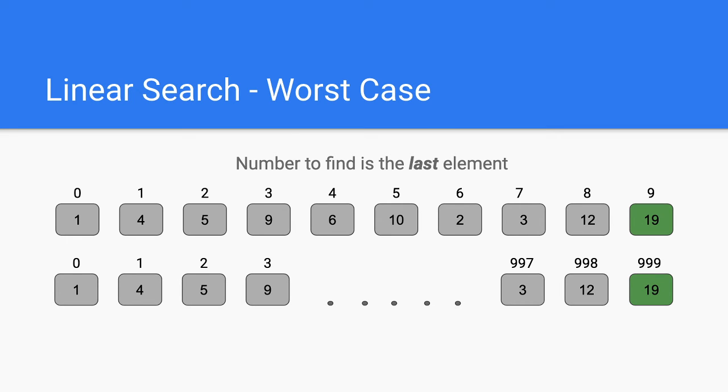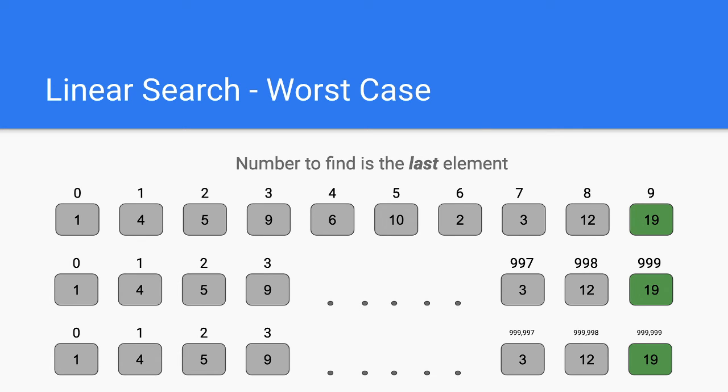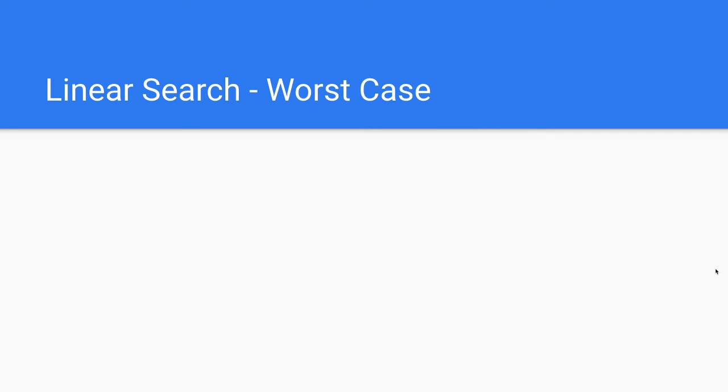What about in the second case? This time we have 1000 elements, which means the linear search will take approximately 1000 steps to reach and find the number 19. What if there are 1 million elements? I hope you see the pattern. This is what a worst case scenario looks like for linear search.